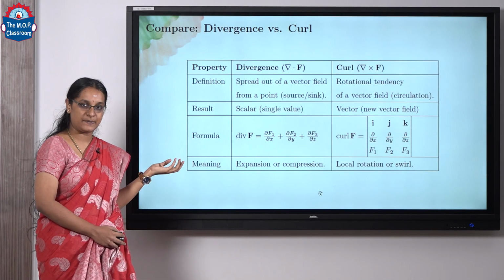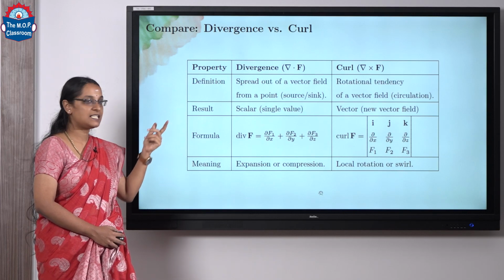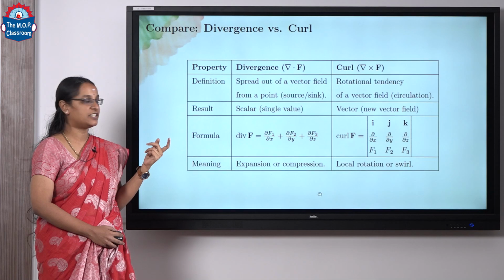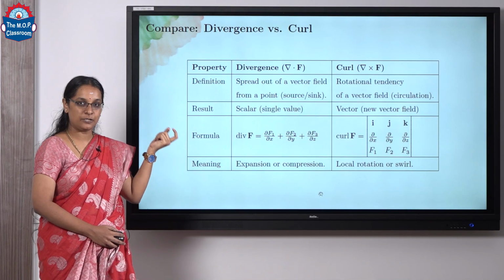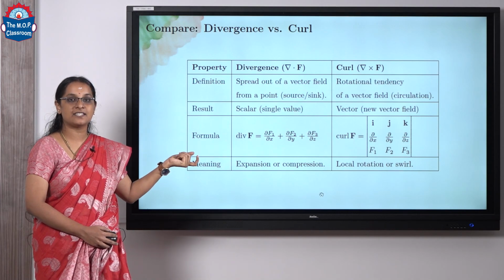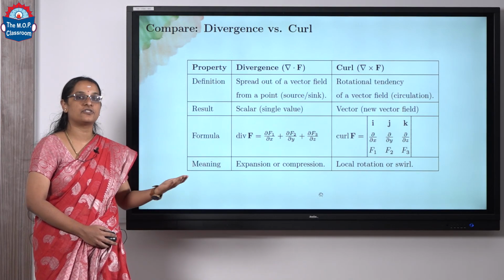The divergence explains the expansion or contraction of the fluid around that point, whereas the curl tells you how rotational it is. One more point to differentiate: if the divergence is equal to 0, you call that vector a solenoidal vector, whereas when the curl is 0, you call it an irrotational vector. That means there is no rotation there.